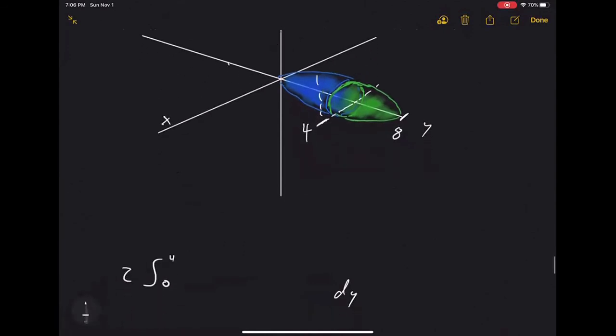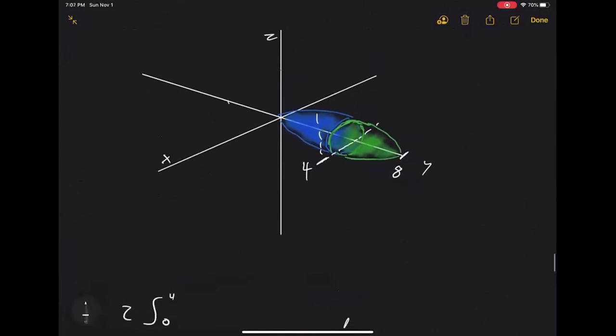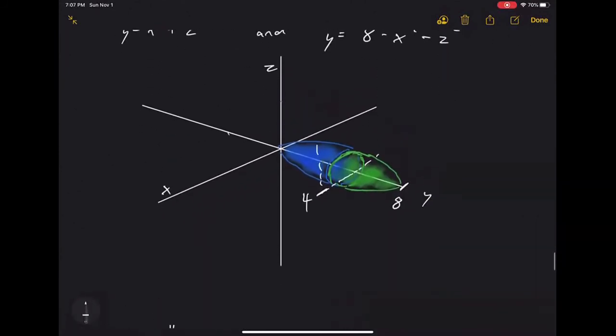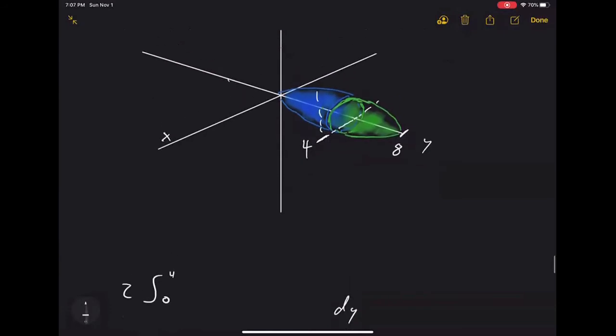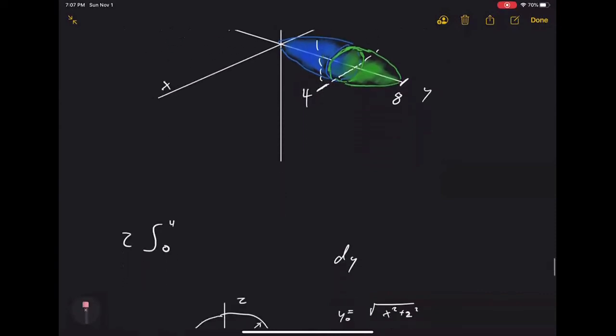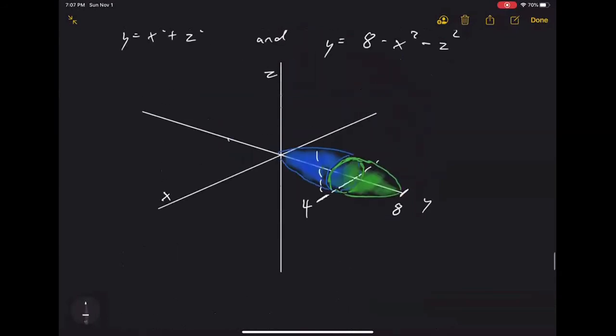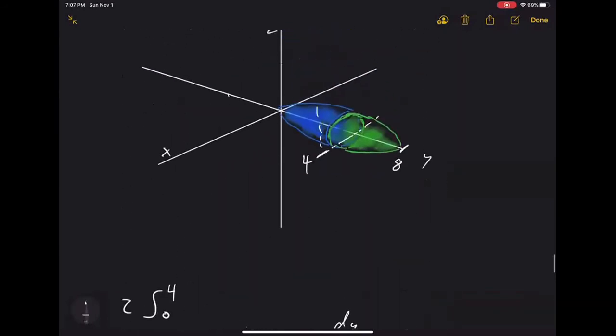So I'm going to leave my y coordinates unchanged, and then do my polar coordinates for the other 2 dimensions. So what are my y bounds? Well, it's just 0 to 4, right? That's straightforward. And then what are my theta and r bounds?